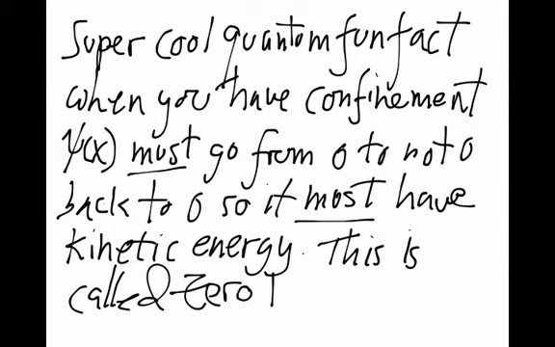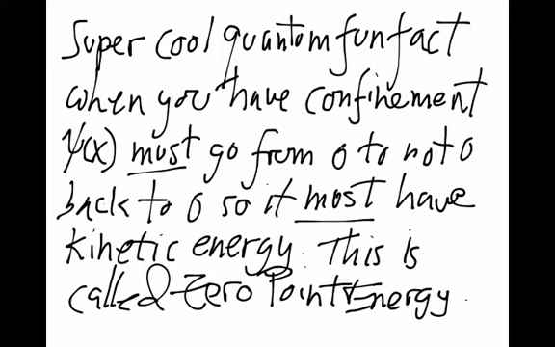We call that 0-point energy because there is no way to satisfy the normalization criterion, that the probability of finding the particle somewhere in this confined area has to be 1, and simultaneously satisfy the boundary condition requirement that the wave function be continuous and not wind up with some kinetic energy.